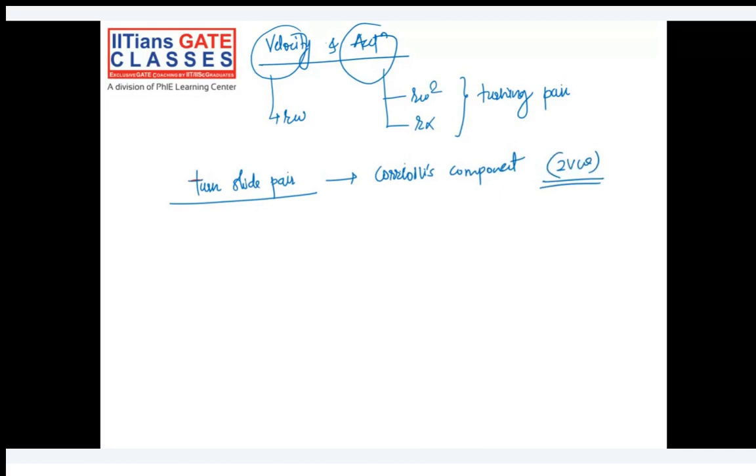We have to rotate the velocity vector in the direction of the angular velocity by 90 degrees. Then we'll get the direction of the Coriolis component, and then we know how to calculate the resultant out of it. So this is the main thing we have studied.